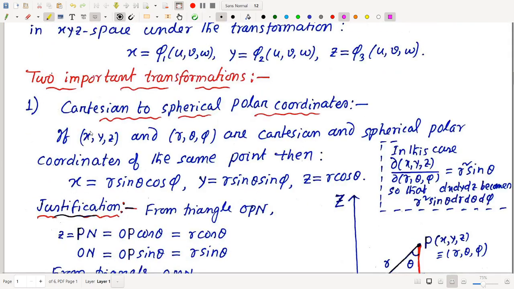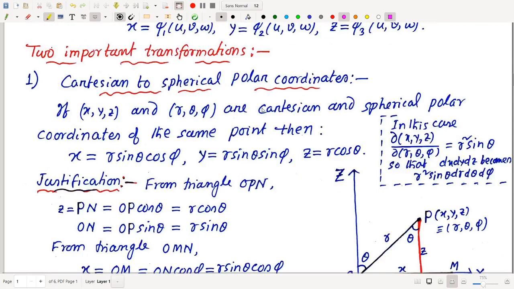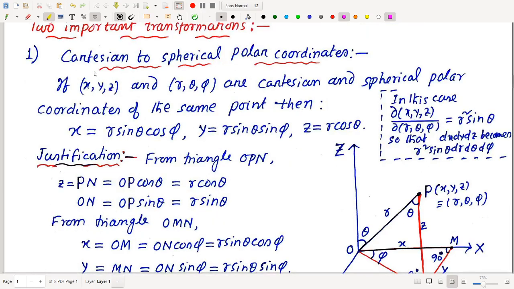Now let us see two important transformations. Very often we use them for calculating triple integrals, especially for spherical or cylindrical regions. First one, Cartesian to spherical polar coordinates.